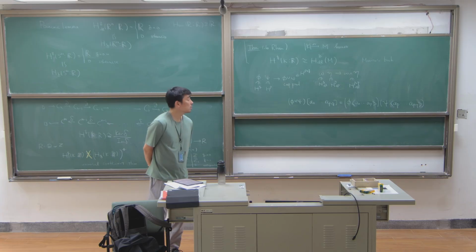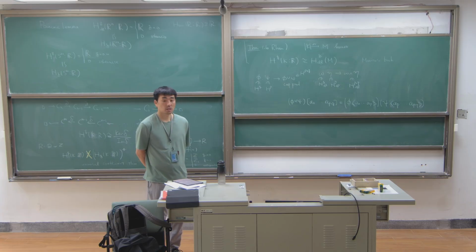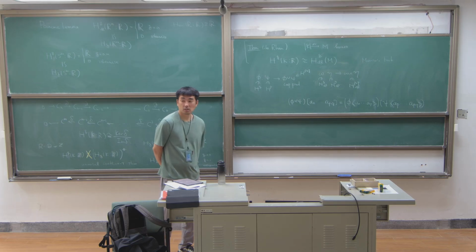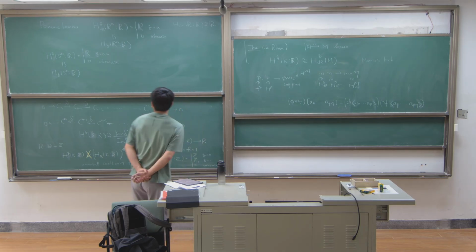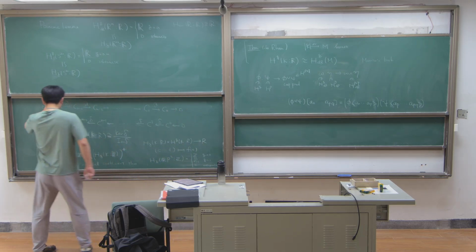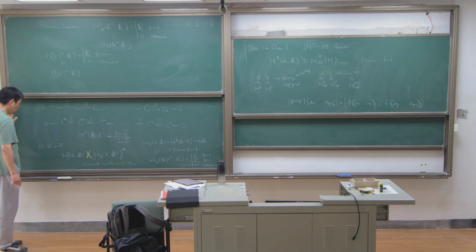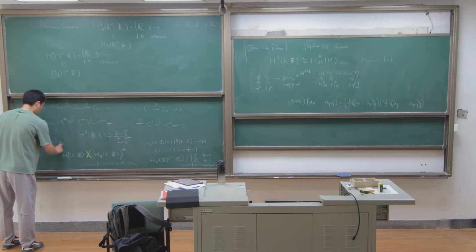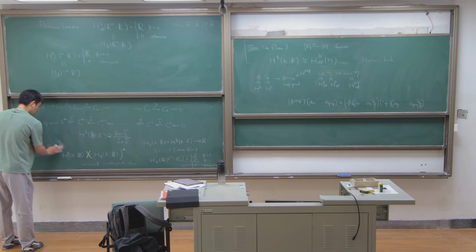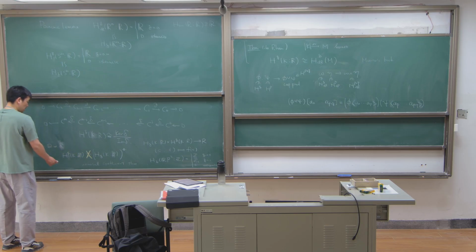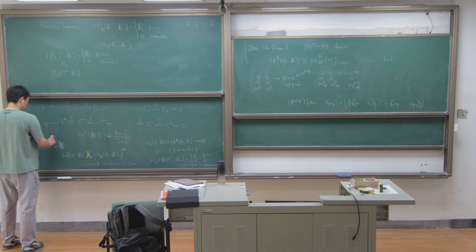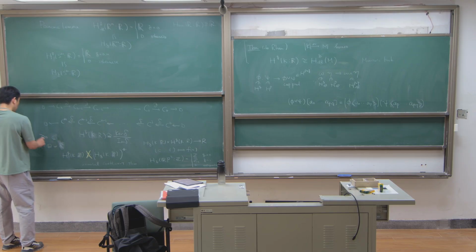Sorry, the coefficient should be a field R. If it is a field, they are isomorphic. If it is Z, that's isomorphic too. And maybe you can also consider C too. So this is a field.